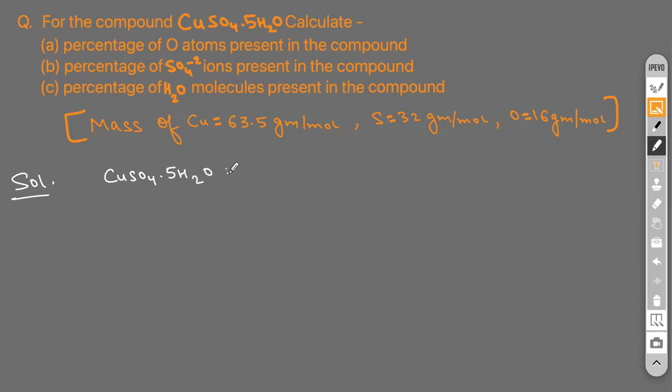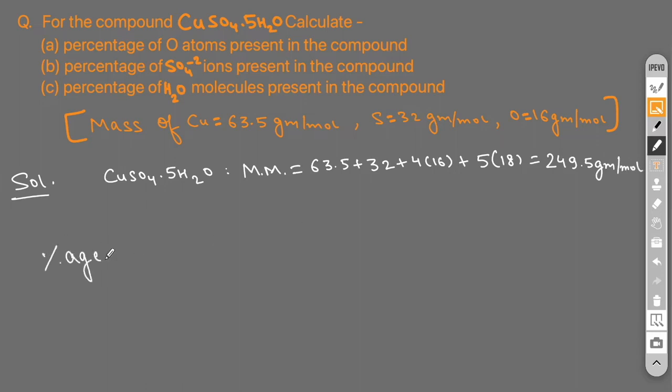Here we have CuSO4.5H2O. This is the main compound. We'll calculate the molecular mass for this compound, which is 63.5 plus 32 plus 4 times 16 plus 5 times the molecular mass of water, which is 18. On calculating, it will come out to be 249.5 gram per mole.